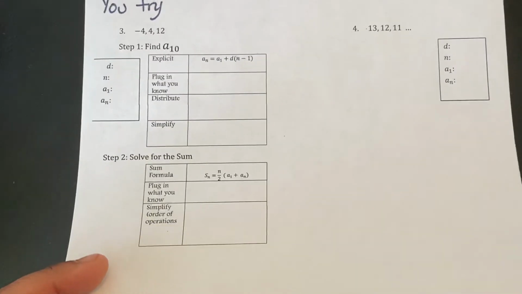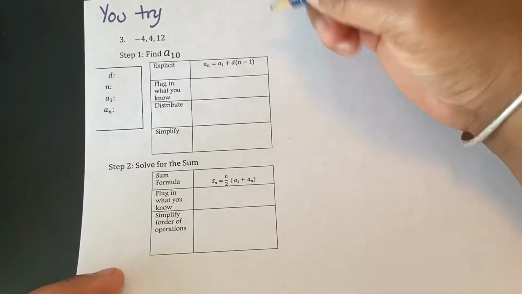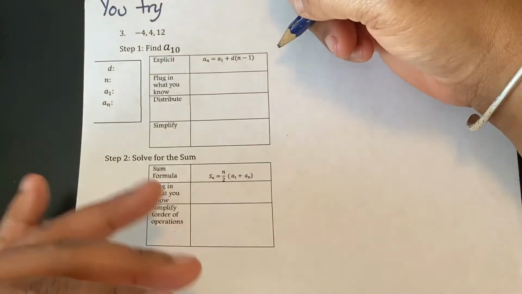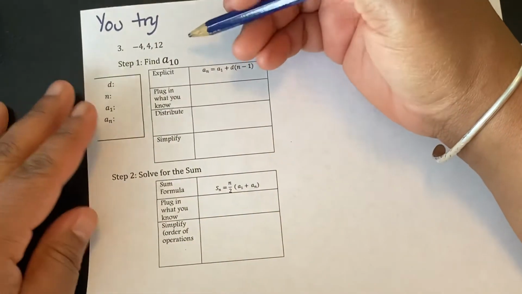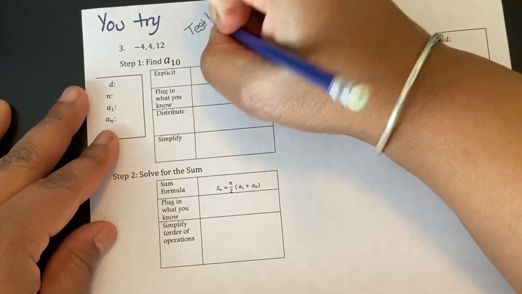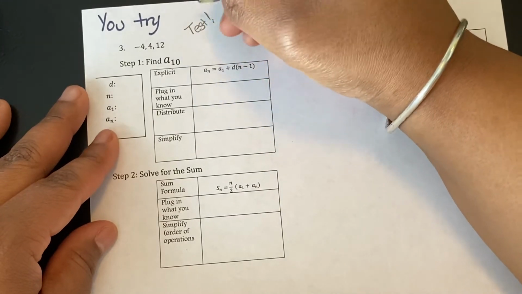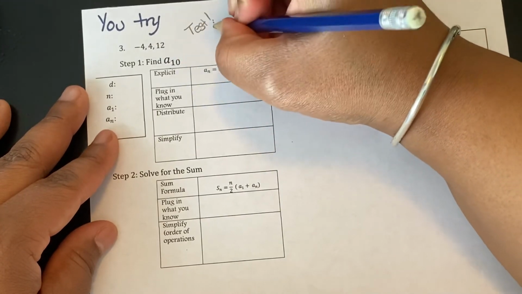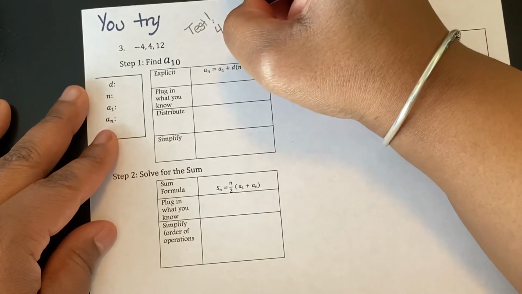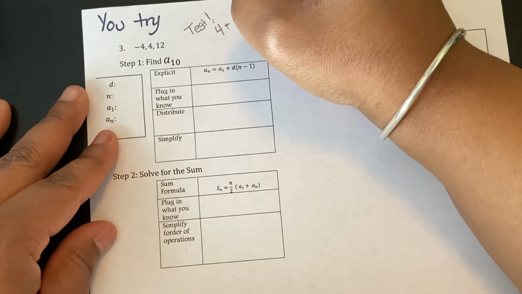Okay, so looking at the first one, I have the sequence negative 4, 4, and 12. First things first, do your test. So I'm going to take my second term, 4, and subtract my first term. 4 minus negative 4 equals 8.